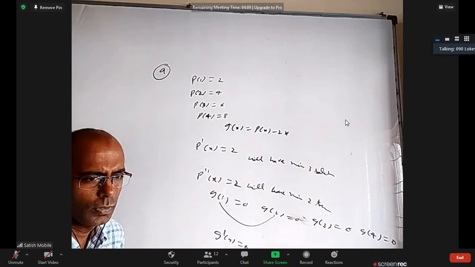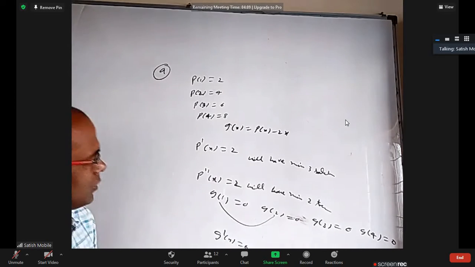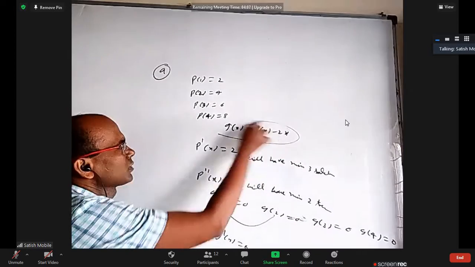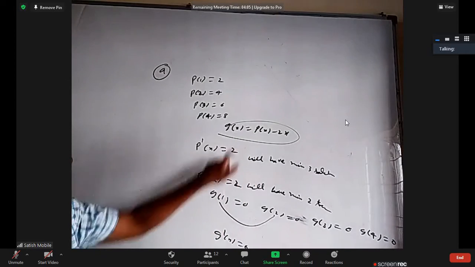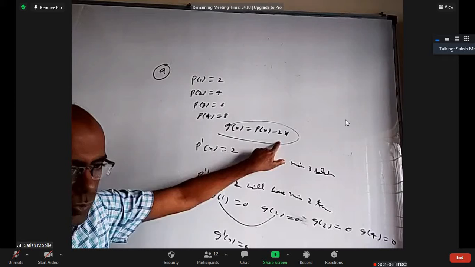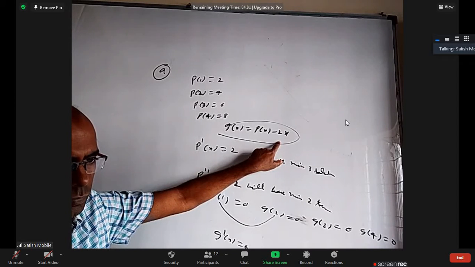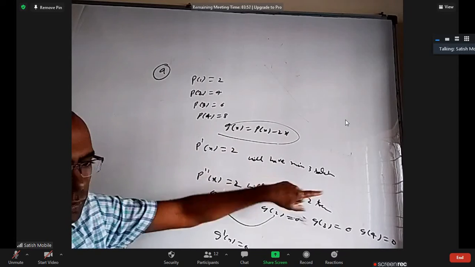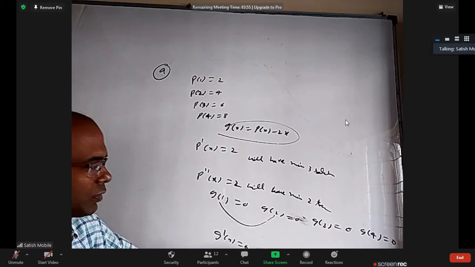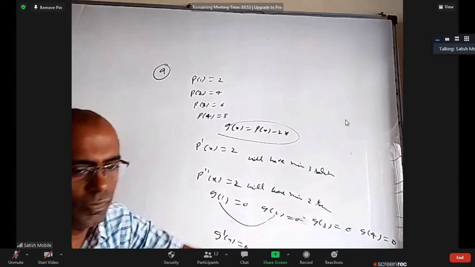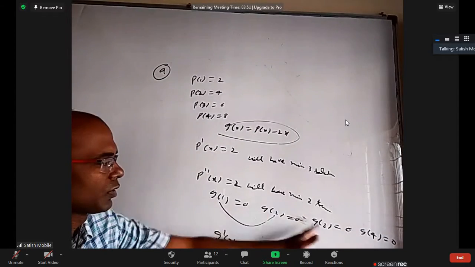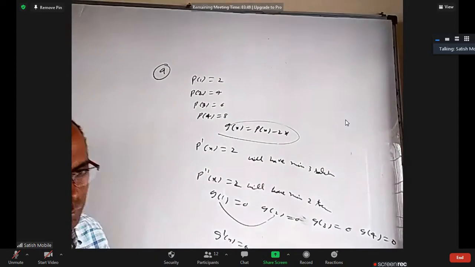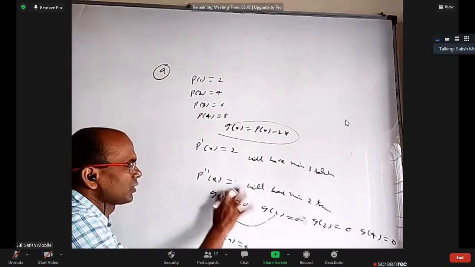Yes, sir. What is g dash x? The derivative of this is p dash x minus 2, right? That's why p dash x minus 2 equal to 0 will have 3 solutions. One between 1 and 2, one between 2 and 3, and one between 3 and 4, because g of 2 equal to g of 3, g of 3 equal to g of 4. This will be 0.